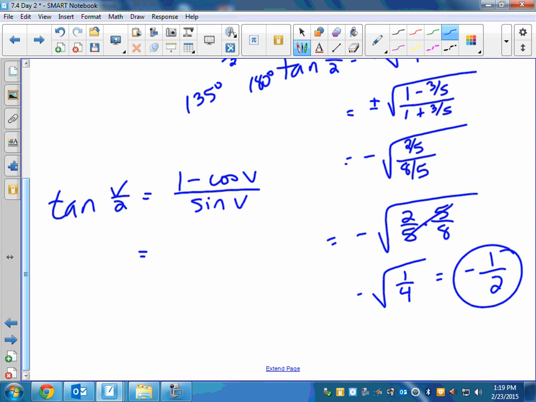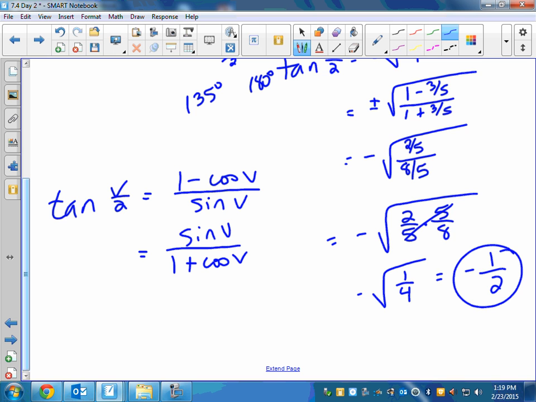Or that's the same as saying sine of v over 1 plus cosine v. And they're getting that by multiplying by the conjugates, because you're going to end up with 1 minus sine squared, 1 minus cosine squared, or 1 plus cosine squared. Yeah, because you're going to end up with sine squared.